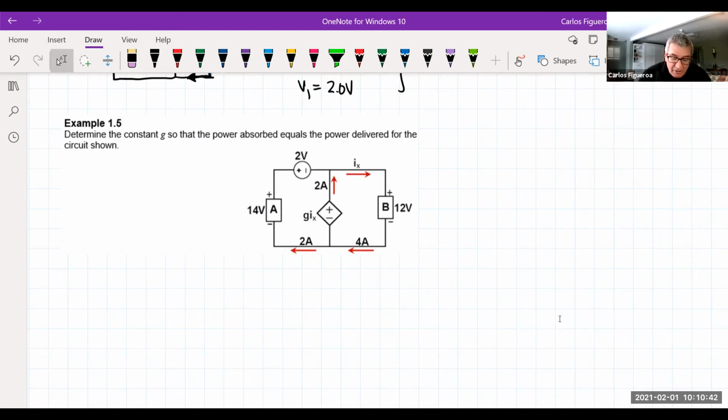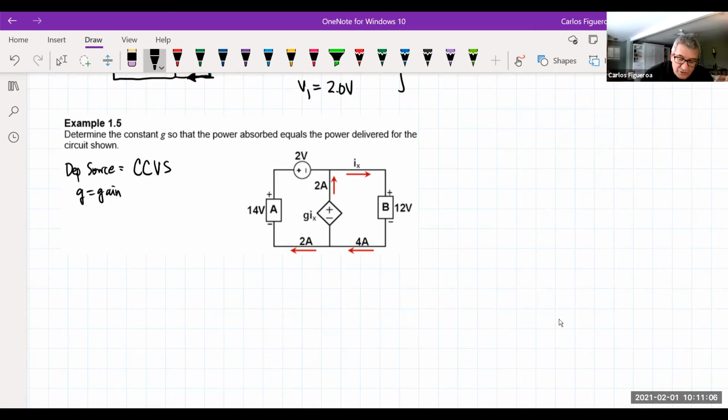It's the gain of what kind of source is this? You can see the dependent source here. It's a current controlled voltage source, and G is the gain.